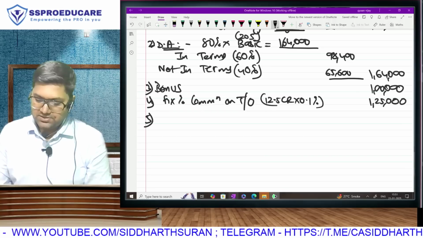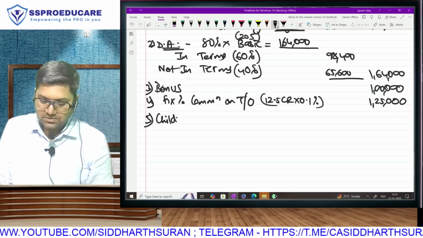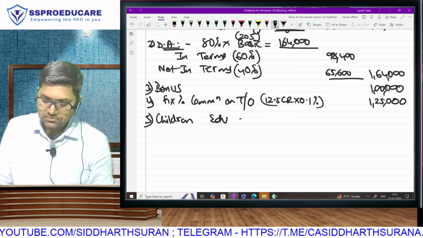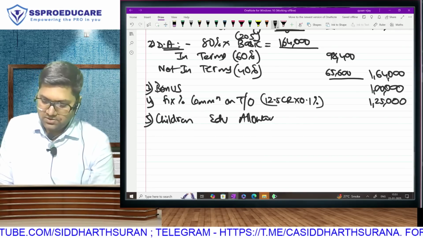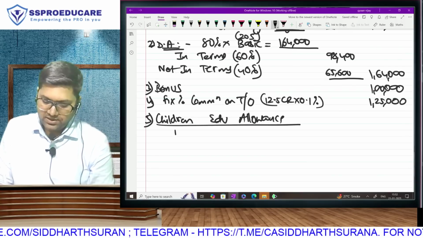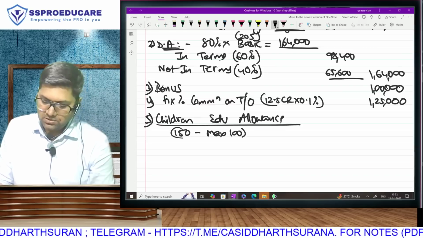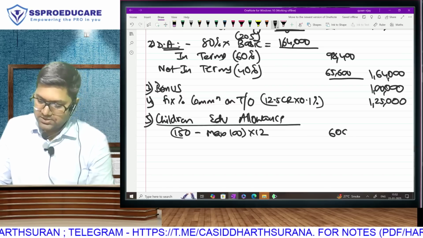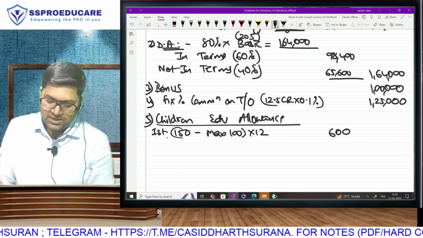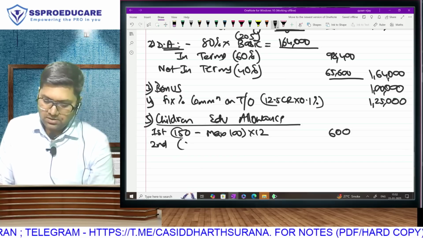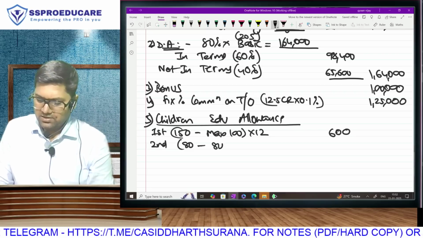Children education allowance. Fantastic. First child, how much you are getting? 150. But we'll take exemption of maximum 100 and pay tax on 50 into 12, 600. Second child, how much you are getting? 80. Minus 100, no. Full exempt.